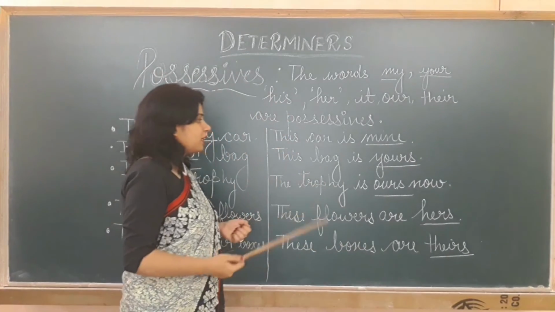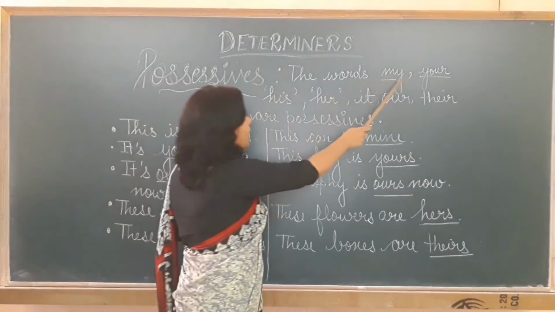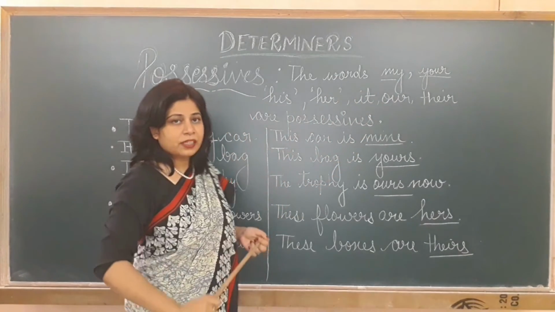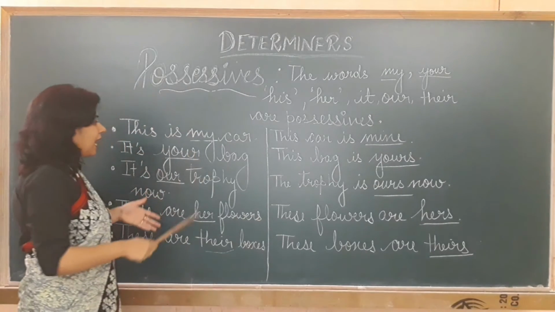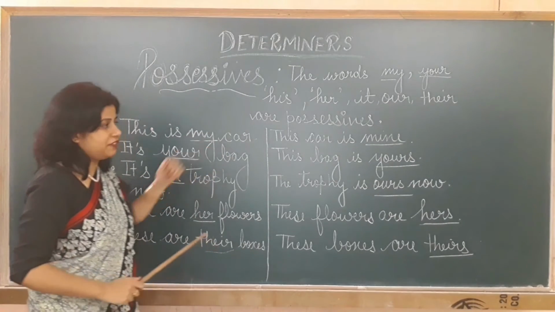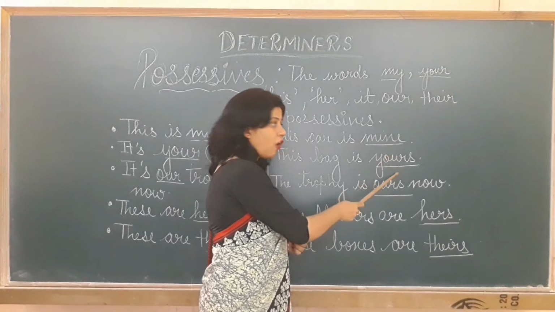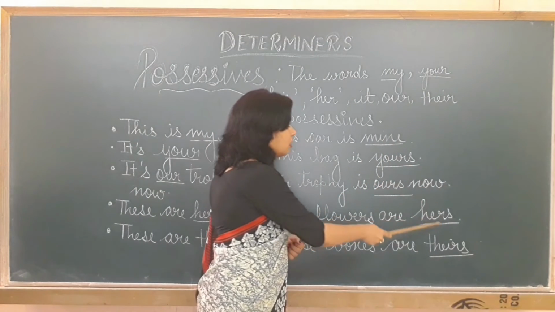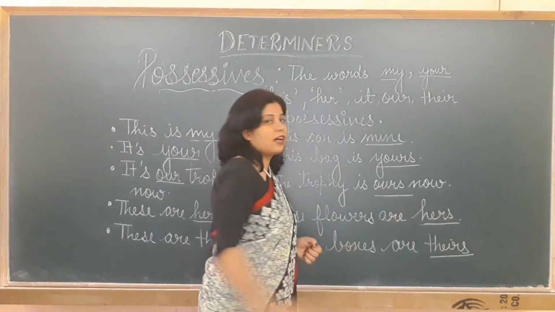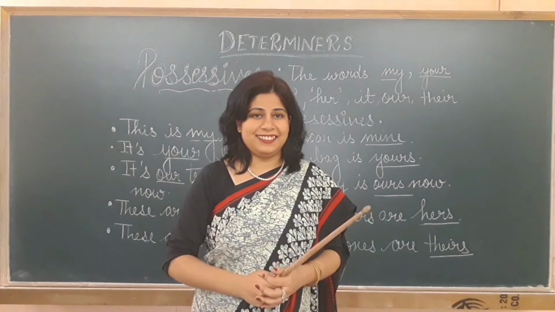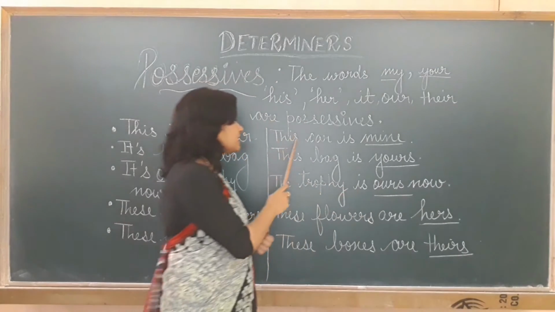Now, let us check. We know that the words my, your, his, her, its are possessives, and they act as possessive adjectives. But the words mine, yours, ours, hers, theirs are possessive pronouns, and they are placed after the noun.